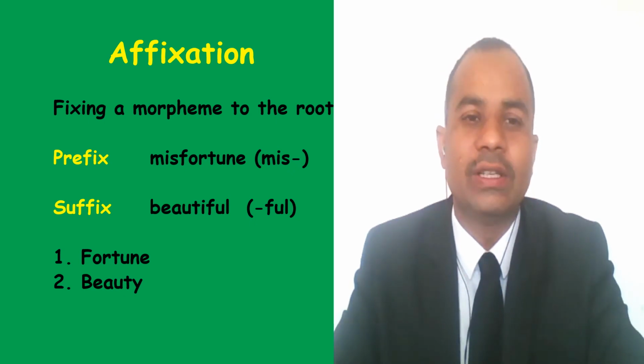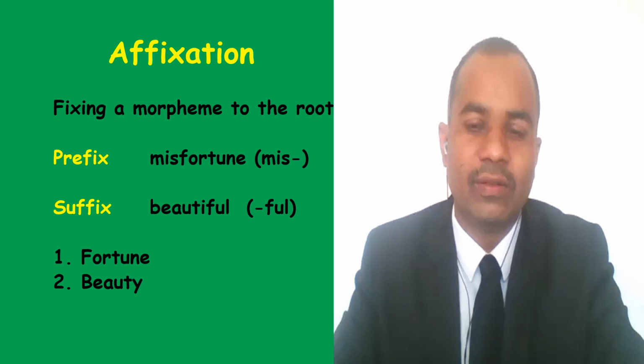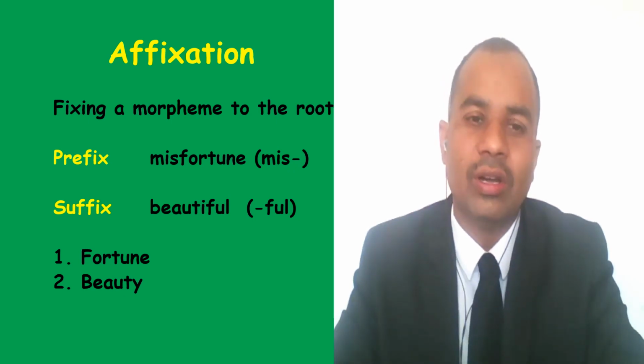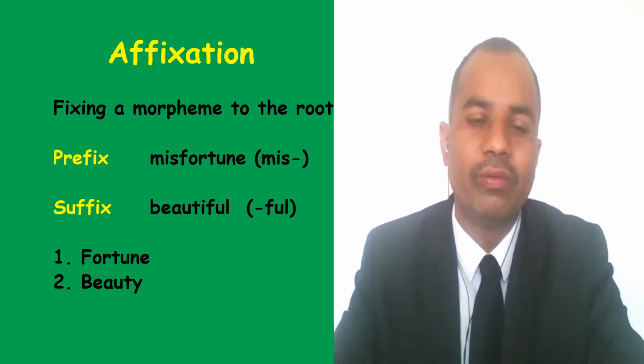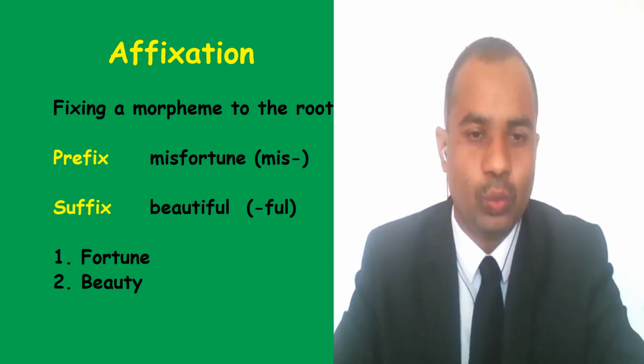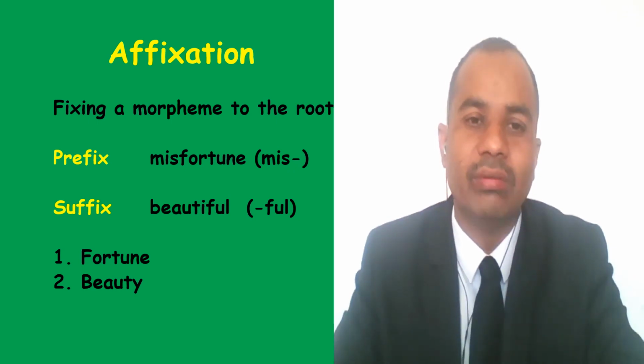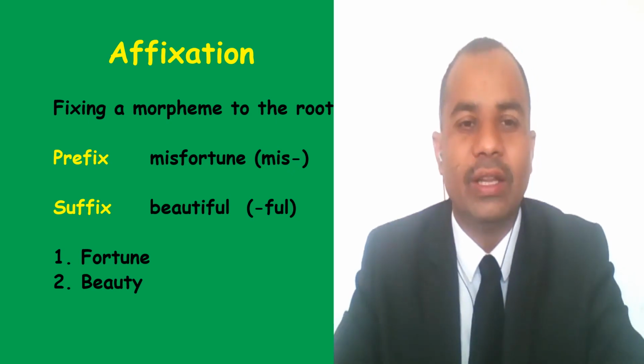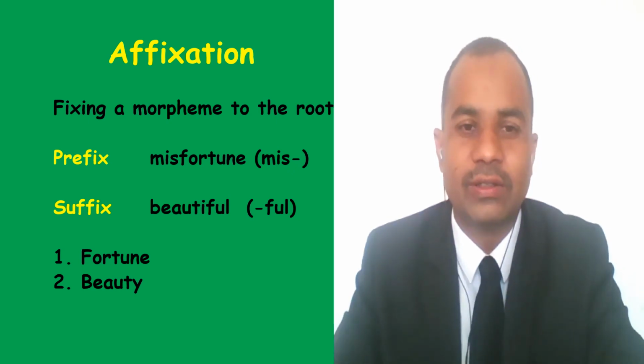In the real sense we can't call it a free word, but sometimes these morphemes are bound morphemes and sometimes these are free morphemes. Free morphemes are normally called a word. They occur independently, they are standalone entities, and they have their own meanings.